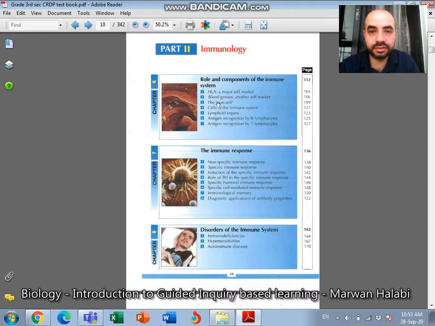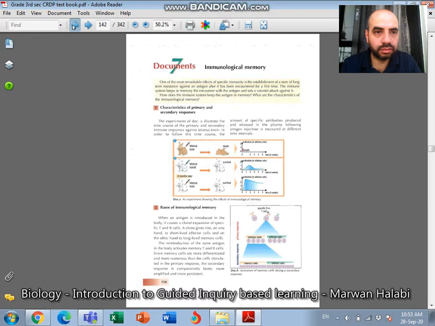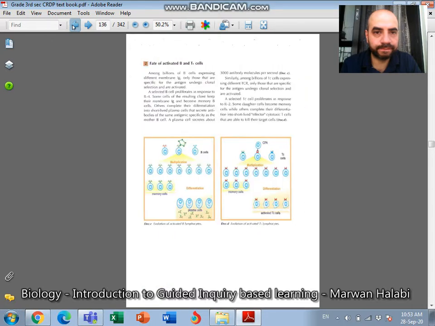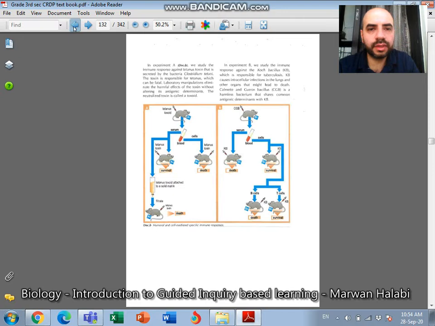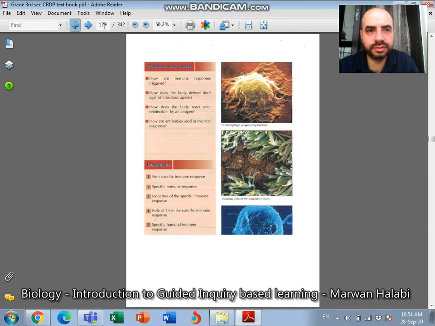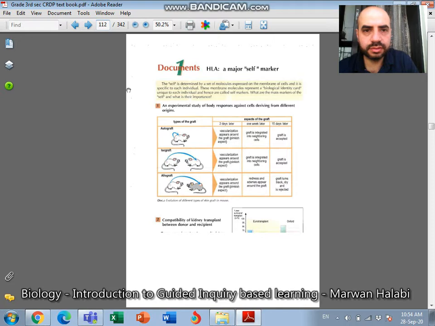So let's consider page 142, for example. This is page 142. It is a lesson which is called Documents 3 that talks about induction of the specific immune response. But before this idea, I would like to introduce each unit, how it begins.